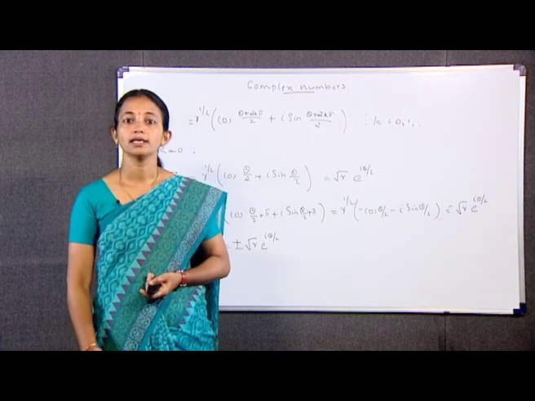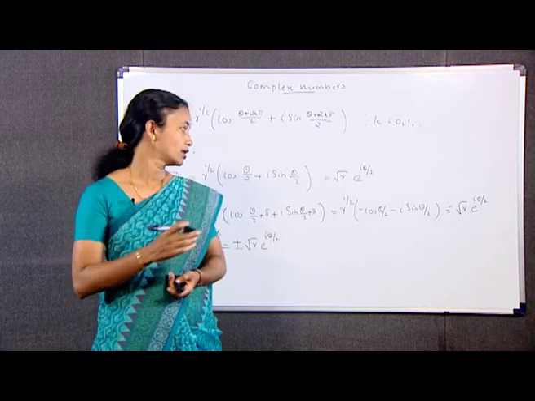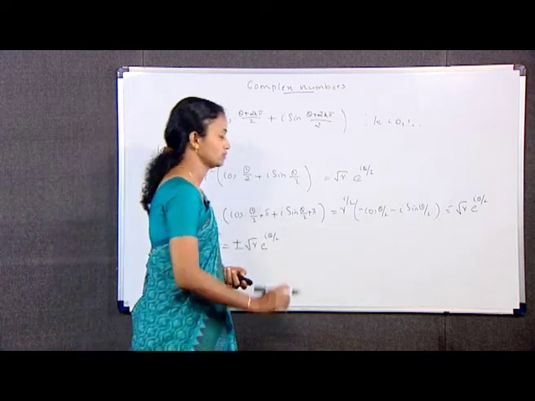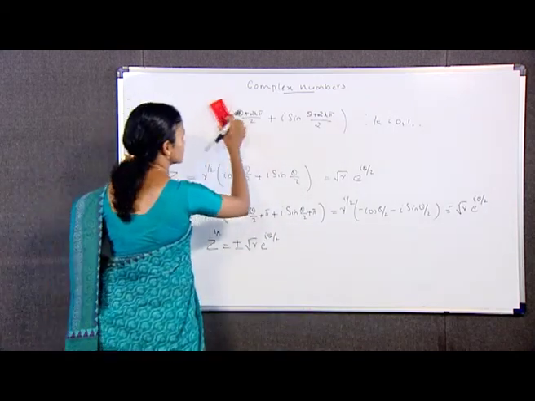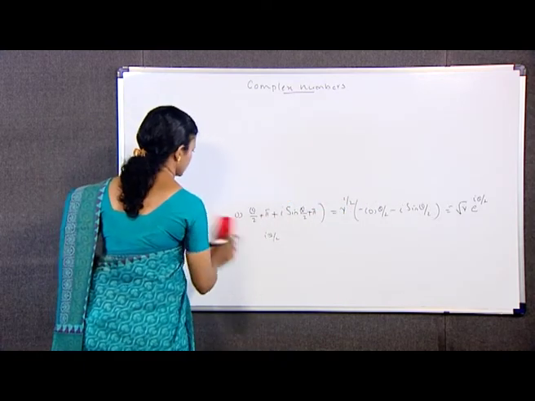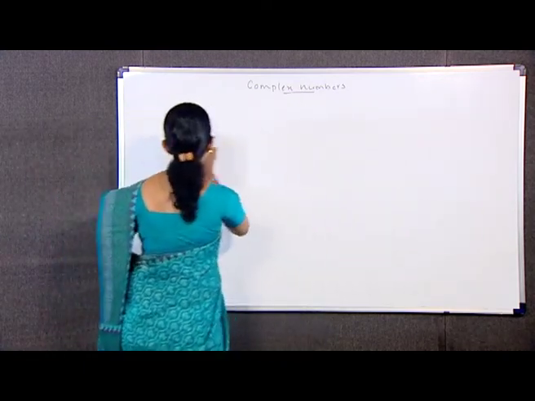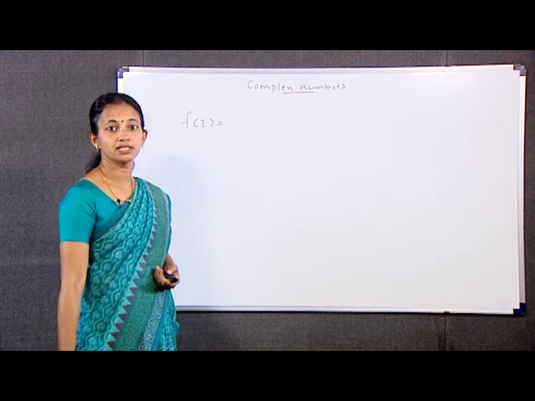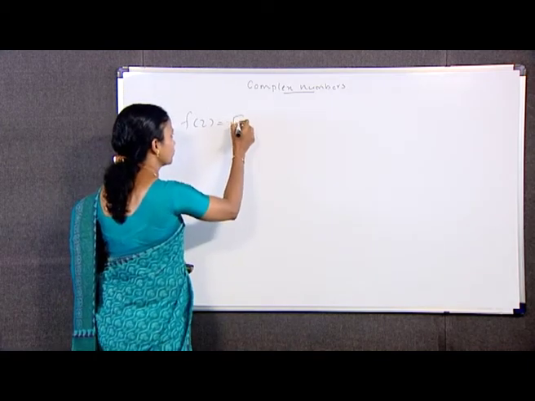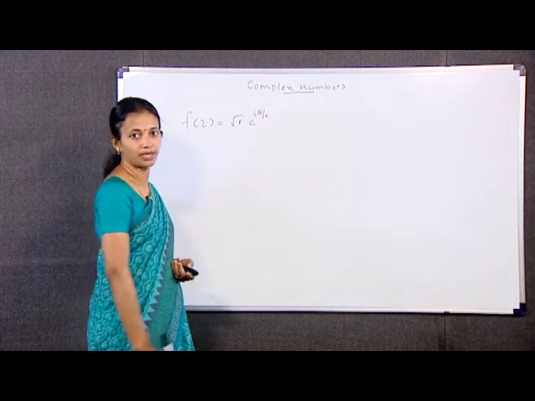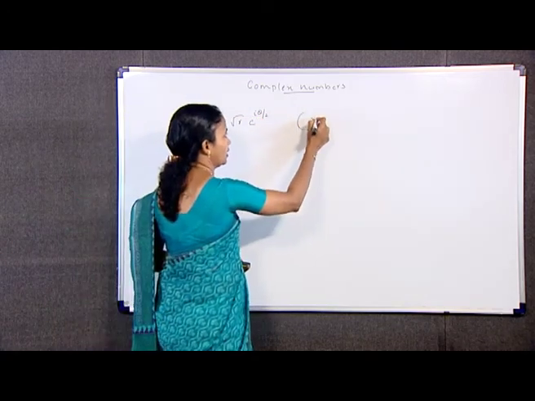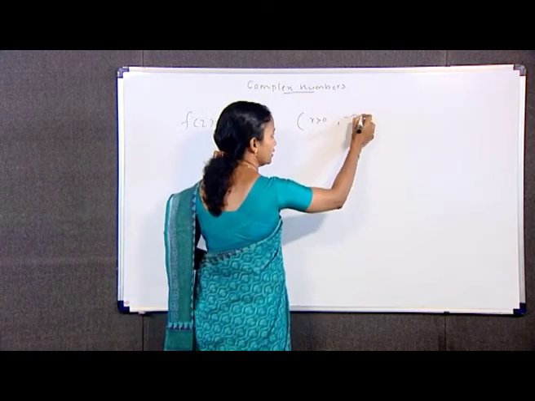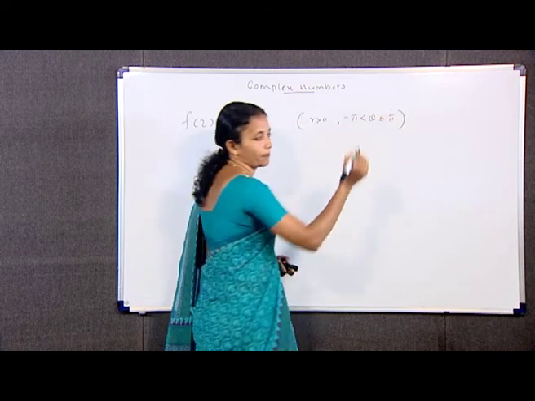We choose only the positive value of plus or minus root r and write f(z) = root r e^(iθ/2), where r > 0 and -π < θ ≤ π.